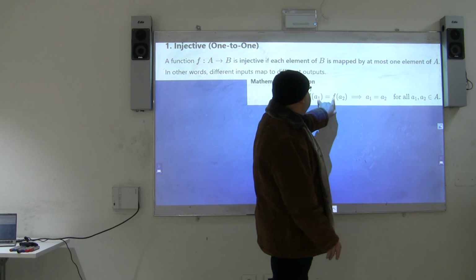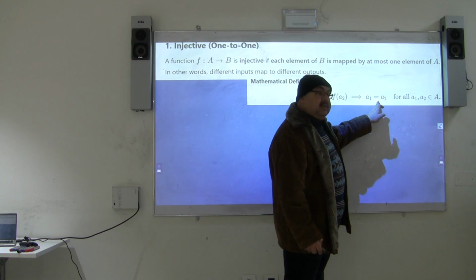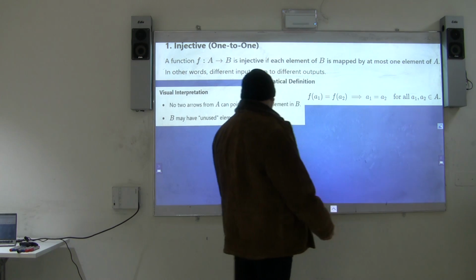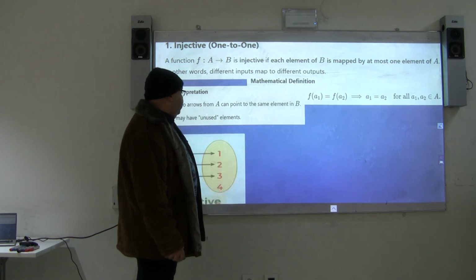You can't find those outputs equal to each other but those inputs not equal to each other. If you find those inputs not equal to each other, it's not going to be an injective function. So no two arrows from A can point to the same element in B.